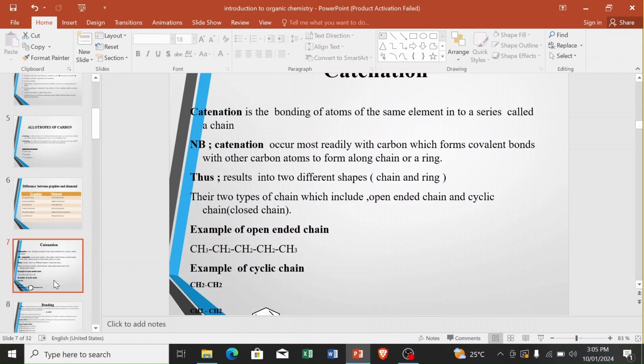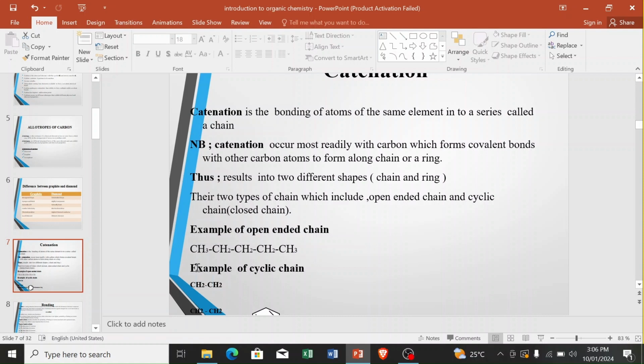We are going to focus more on that, but we needed to understand what catenation is, and what we need to put in mind is briefly what I have just spoken about. There are two types of chains, which include open-ended chain and cyclic chain, which is closed. Like I said, this is an example of an open-ended chain.